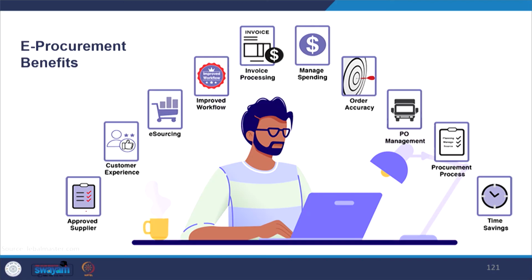So, you can look at the business e-procurement benefits, some of the benefits that have been brought together. So, approved supplier, better customer experience, right. It helps you in e-sourcing, improved workflow, invoice processing, managing your spending, how much spending is to be done, accuracy of your order and purchase order management, procurement process and time saving. So, these are a few benefits which are self explanatory in nature.